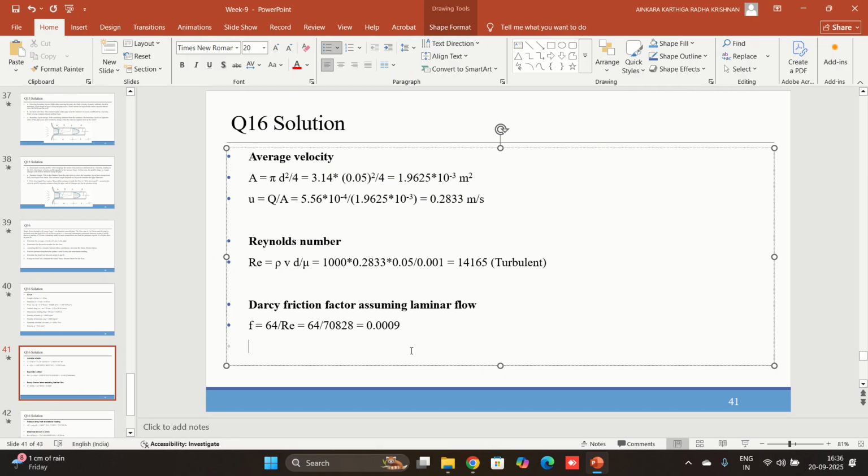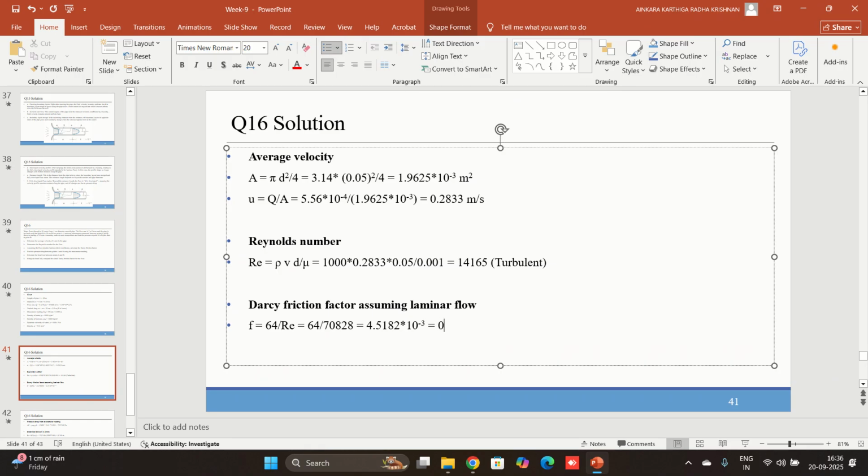And it is 64 by Re, where Re is the Reynolds number, 14165. So it is 4.5182 into 10 power minus 3. That is the friction factor.